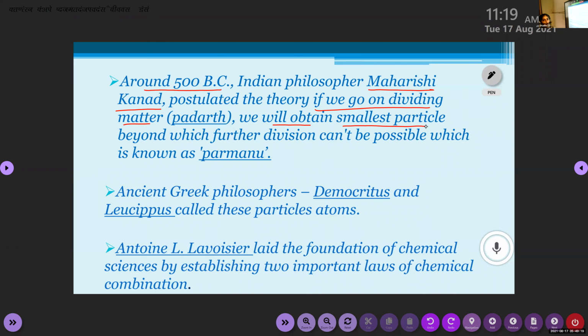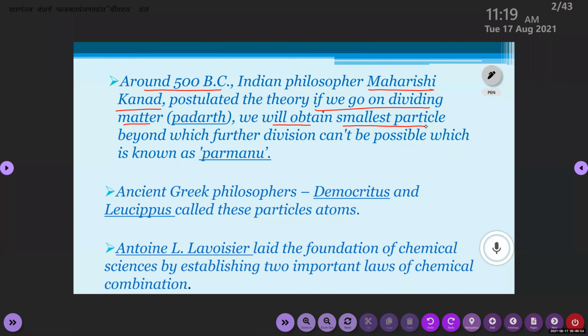If we go on dividing this matter or padarth, we will obtain the smallest particle beyond which further division can't be possible, and this smallest particle is known as paramanu. Clear? Is this clear about the first point?